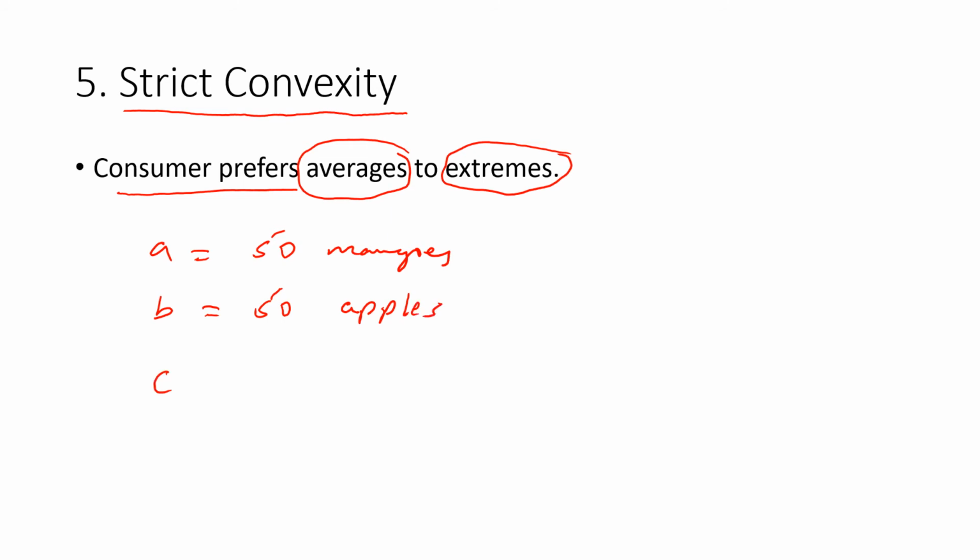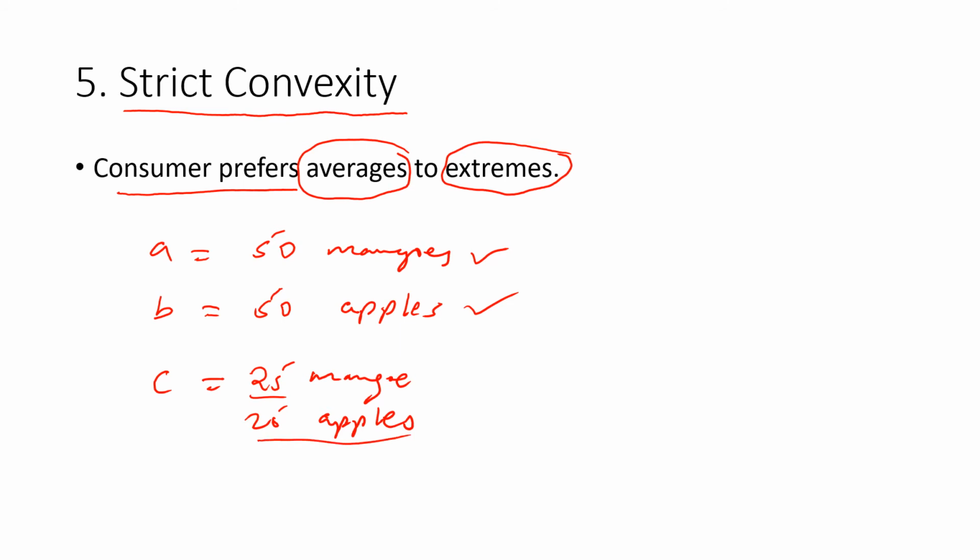And then we have a third bundle which includes 25 mangoes and 25 apples. So basically it is taking half of each, whereas the first bundle is taking mangoes only, the second is taking apples only, the third is taking averages of the two, that is 25 mangoes and 25 apples.